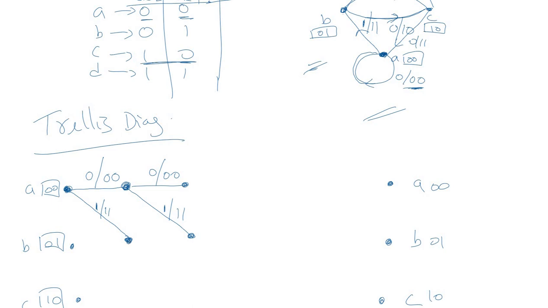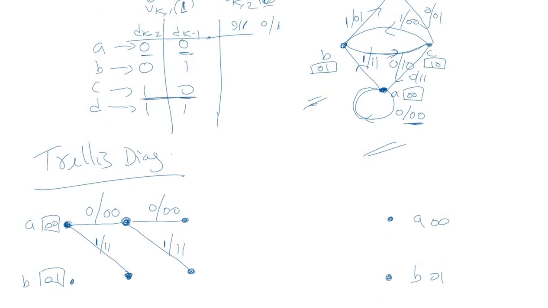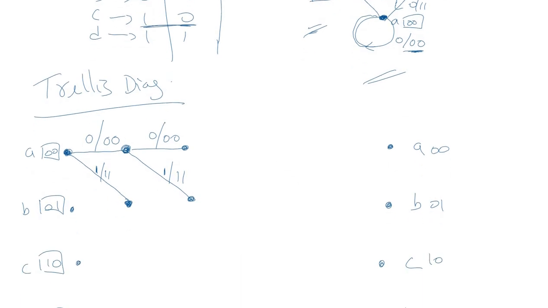Now if you are at state B and input is 0, you can clearly see the state changes from B to C and the output is 1 0. Okay, let us do the same. Change the state to C and output is 1 0.